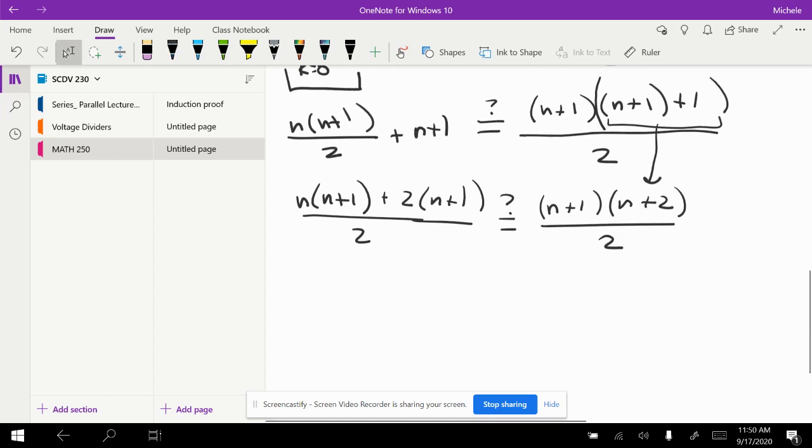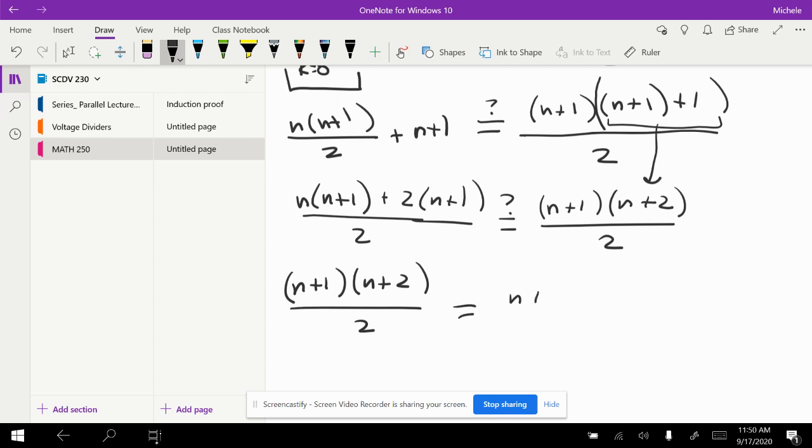Now I can factor out an n plus 1 on the left-hand side. So n plus 1, and what's left is n plus 2, over 2. Does that equal n plus 1 times n plus 2 over 2? And it does. So there we go, there's our induction. We showed that our theorem is true.